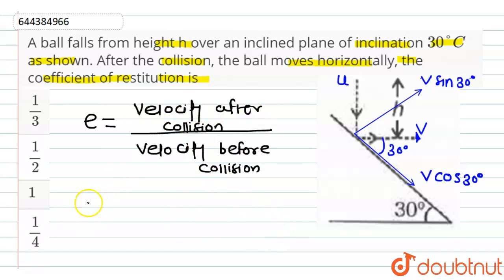So here velocity after collision, after the impact, will be equal to v sine of 30 degree.